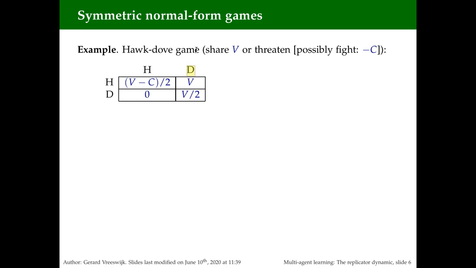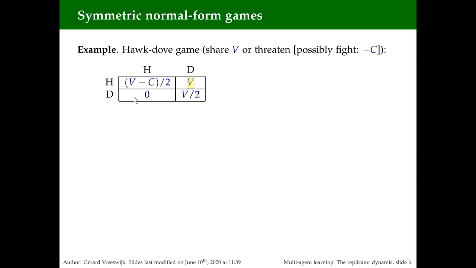And the idea is that the two parties compete for a resource V, a value V. And well, if both parties are peaceful, they just share the resource. However, if one party is aggressive and the other is not, then the aggressive party seizes the full resource.